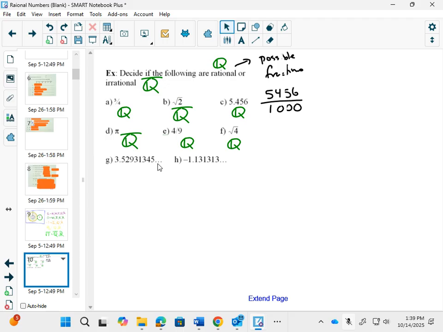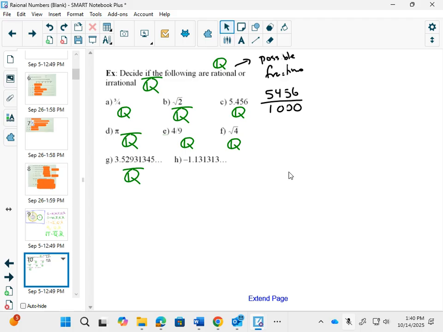Now with a decimal, if the decimal has dot, dot, dot, this means that it keeps on going. If it repeats itself, do you see any pattern in those numbers? No, I agree. So if it does not repeat itself and goes on forever, we say that's irrational.